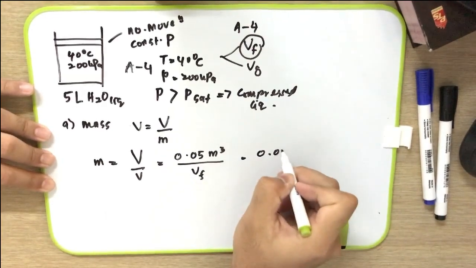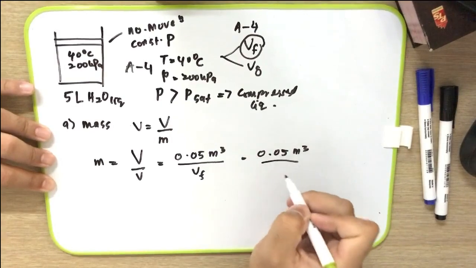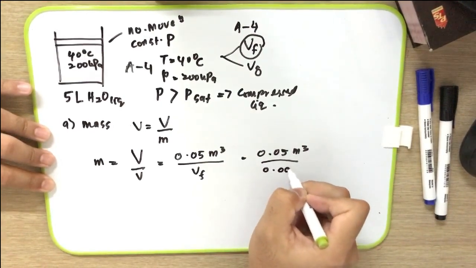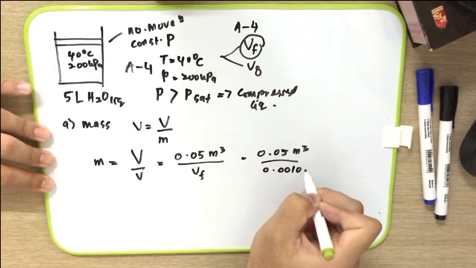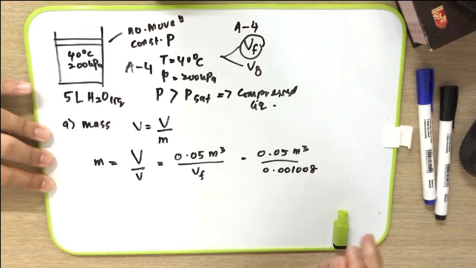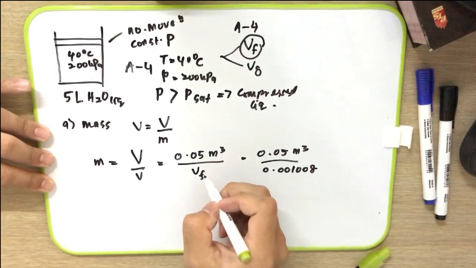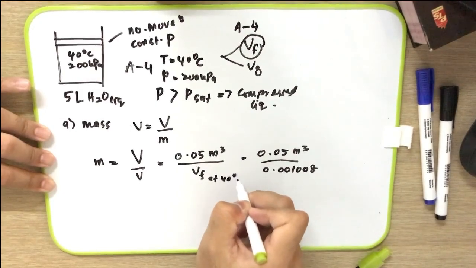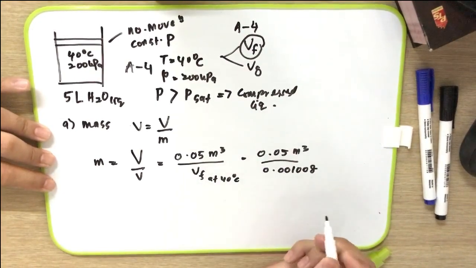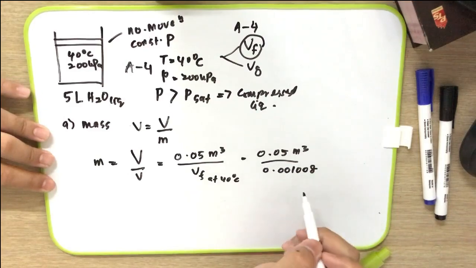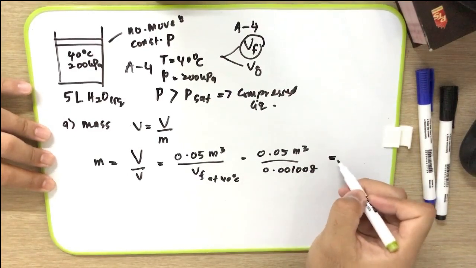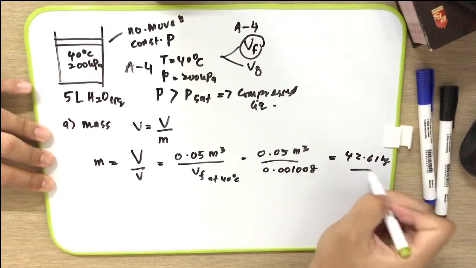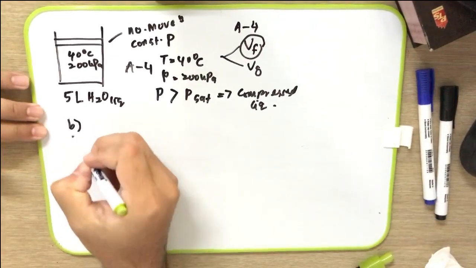It is equal to 0.05 meter cube over VF, which is 0.001008, the VF at 40 degrees C at table A4. So you will get 42.61 kg.